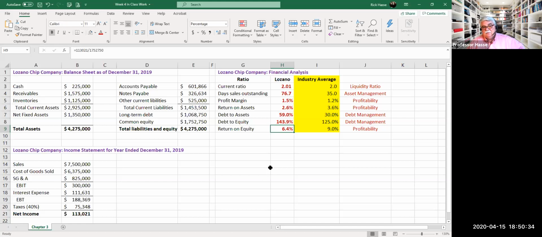So here's an interesting strategy to look at. Their profit margin is comparable with the industry, but their return on assets and return on equity are a little bit below the industry average. That tells us a couple of things. It tells us that their costs are maybe a little high for their money, their cost of capital. And it tells me that the amount of stock in the company and retained earnings is not matching what other companies are doing to increase the value of the equity position of the company.